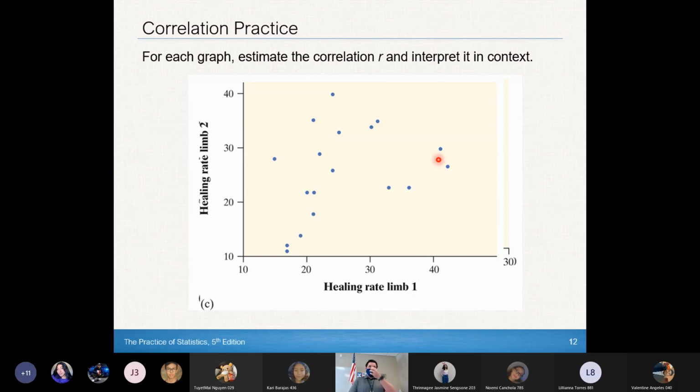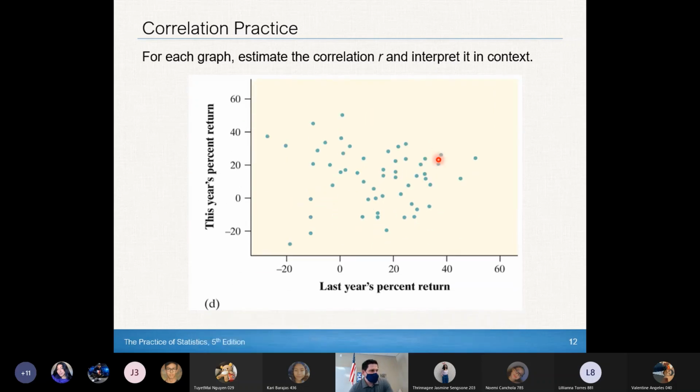Meaning, knowing how fast one limb heals doesn't really tell us anything about how another limb heals. And then we have this mess of points, last year's percent return versus this year's percent return.